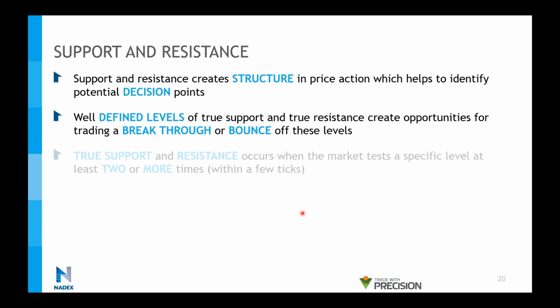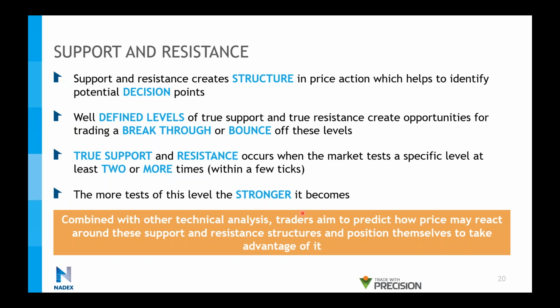Many people use sloping trend lines. We do not like sloping trend lines. We are going for horizontal levels of support and resistance. Those levels actually are levels where people have made trade decisions in the past. And those support and resistance and their trade decisions in the past create structure and price action.